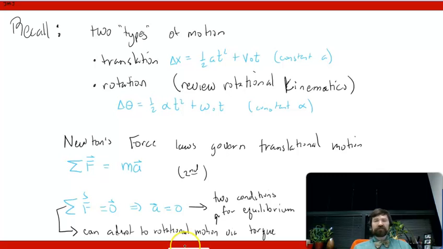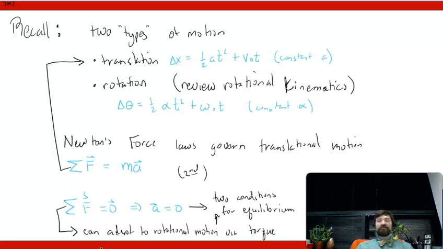Now the reason why I bring this one up is because we can recall that this right here basically is governing things like the translation. It governs the acceleration, which then governs everything that depends on the acceleration. And this one right here gave us equilibrium, and then we adapted it by saying, well, torque also needs to be balanced for equilibrium.